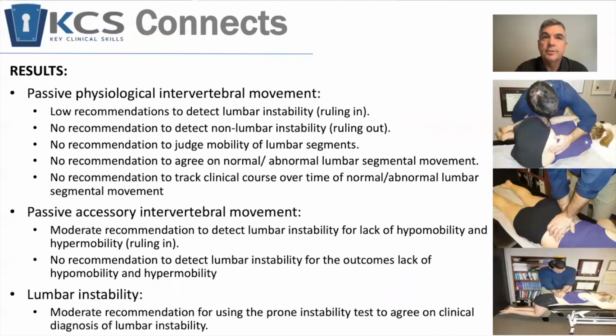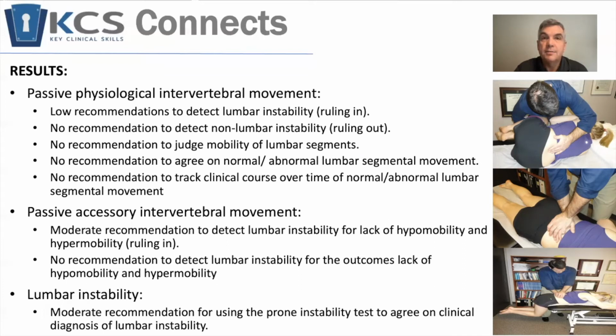The results here are that, first of all, for passive physiological intervertebral movement, there's a low recommendation to detect lumbar instability for ruling it in, and no recommendations to detect lumbar instability for ruling it out, to judge mobility of lumbar segments, to agree on normal versus abnormal lumbar segmental movement, or to track the clinical course over time of abnormal or normal lumbar segmental movements.